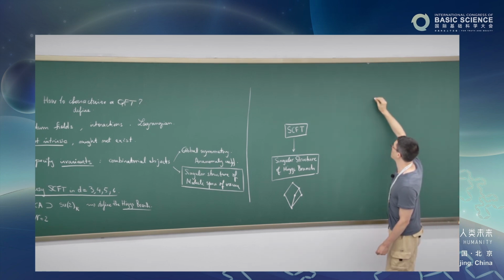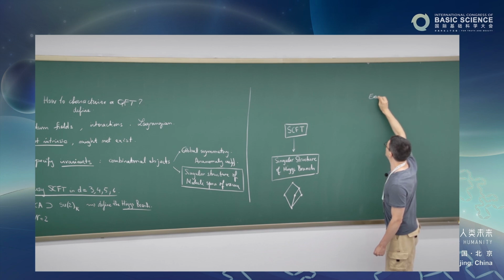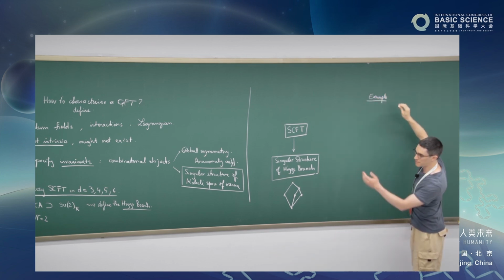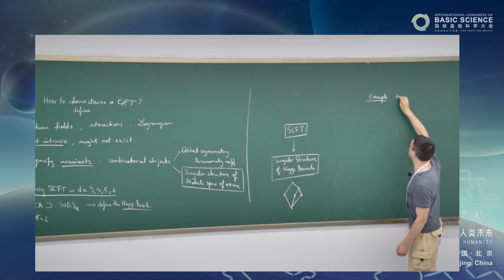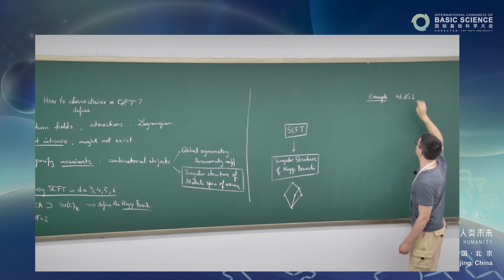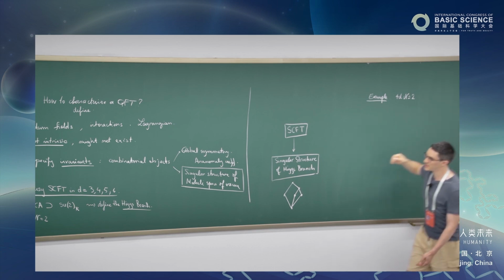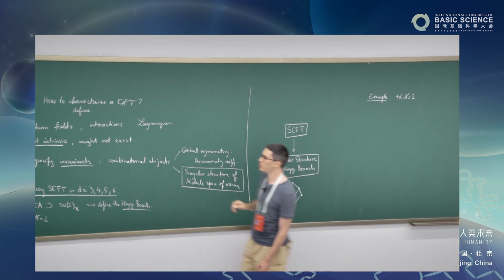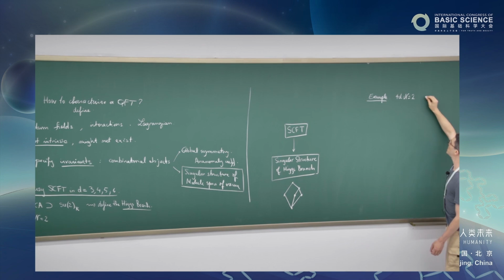So let me give an example to make this a bit more concrete. Let's look at a particular four-dimensional N=2 theory, and I define it using this language here. So I will say that there is a gauge group. Let's say I take SU3, a bit like in the standard model. So an SU3 gauge group.